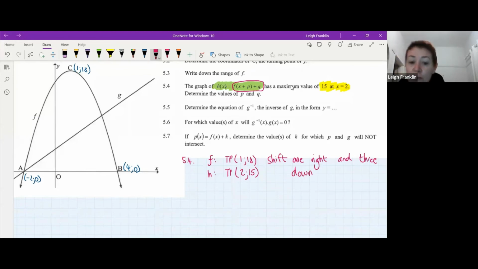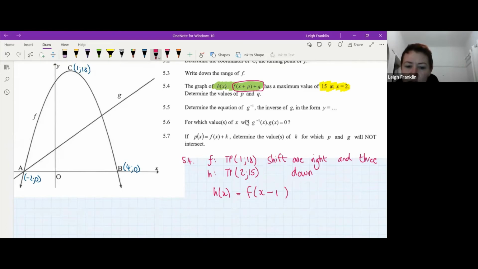Okay, now for the tricky part. Now I have to write my rule for translation. So if I want to translate f of x to get h of x, am I going to write +1 in here, or am I going to write -1? Minus. Yeah, that's right, Kamisile, because I am writing a rule for translation.